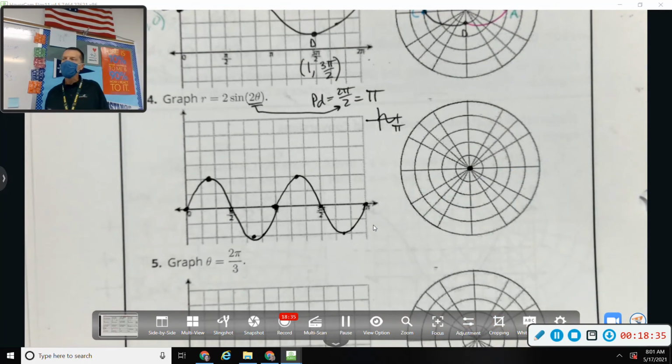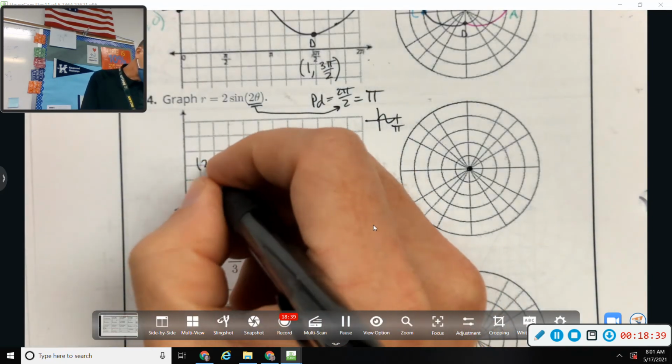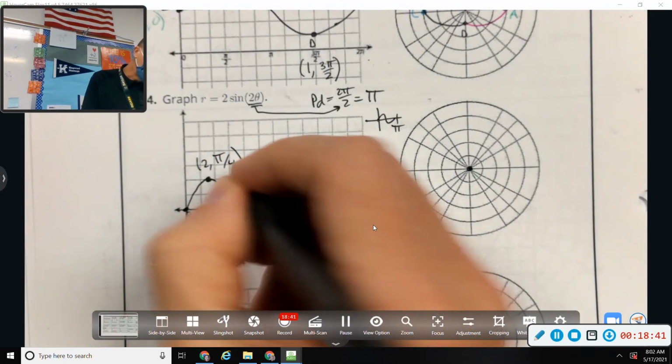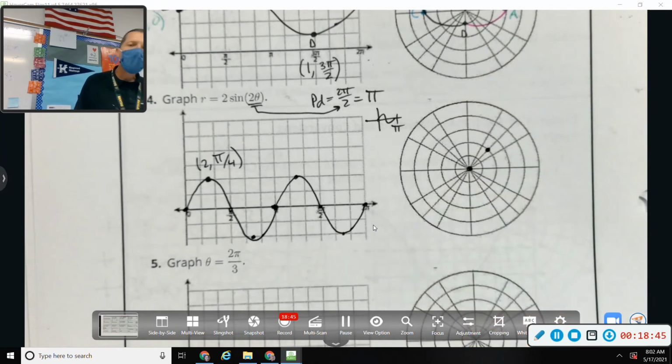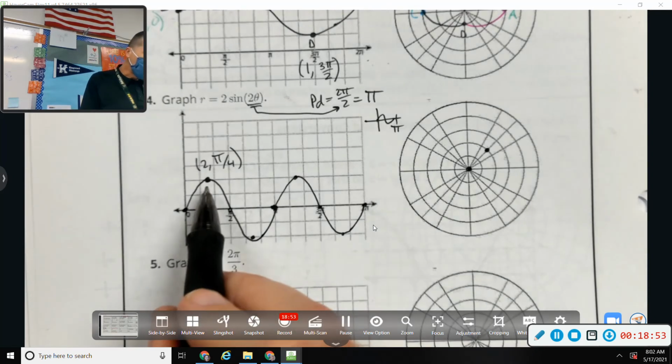Starts at the origin or the pole. And then this point is 2 comma pi over 4.